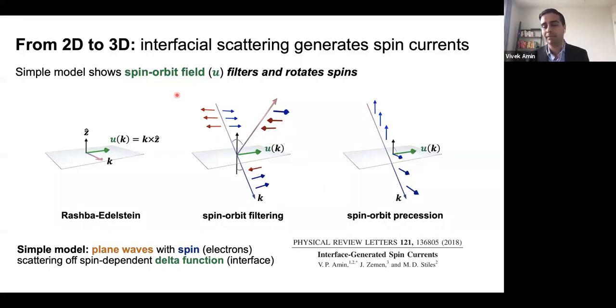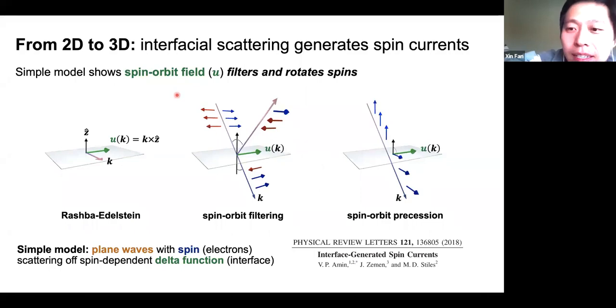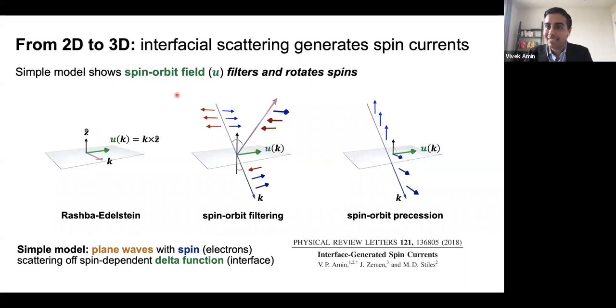The last question from Twitch is, do you expect the same behavior to happen with thermally generated spin currents? Yes, there's no reason why you wouldn't expect a thermal analog to these types of effects.